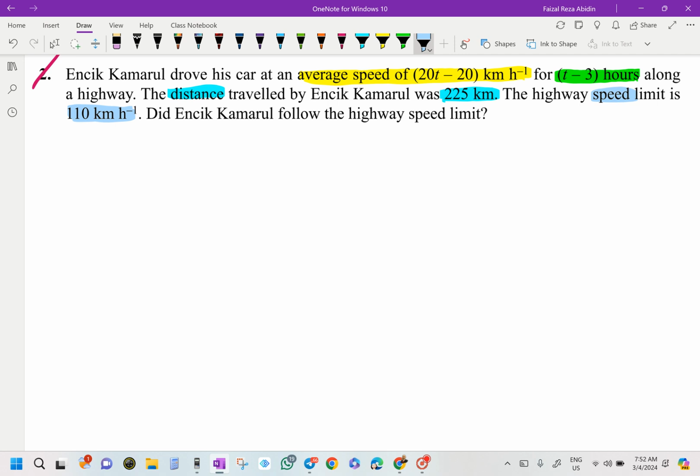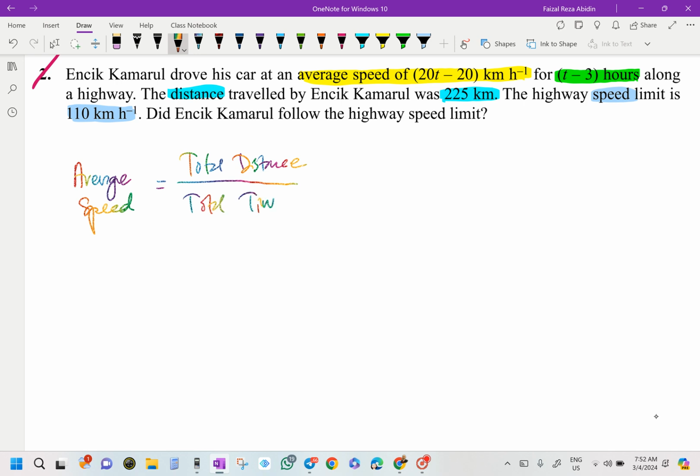The formula, anyone? Average speed equals, yes, total distance. It must have total because this one is average. Total distance over total time. So if you look over there, we need to find what first?